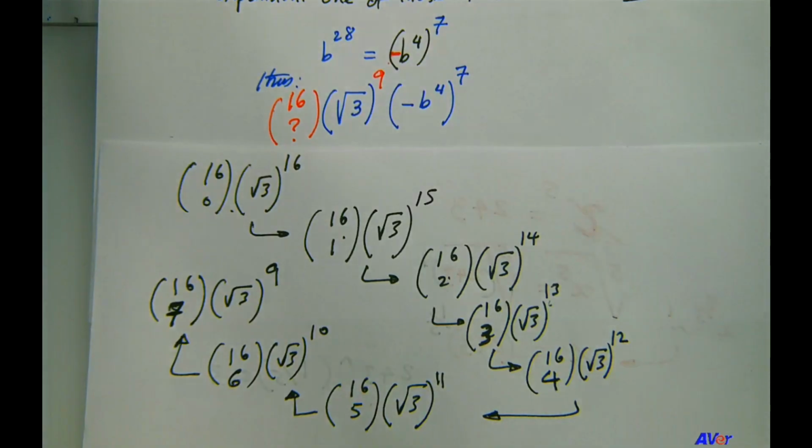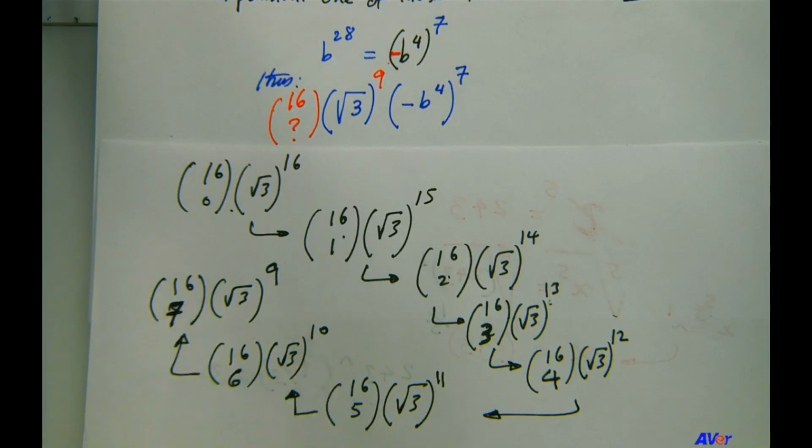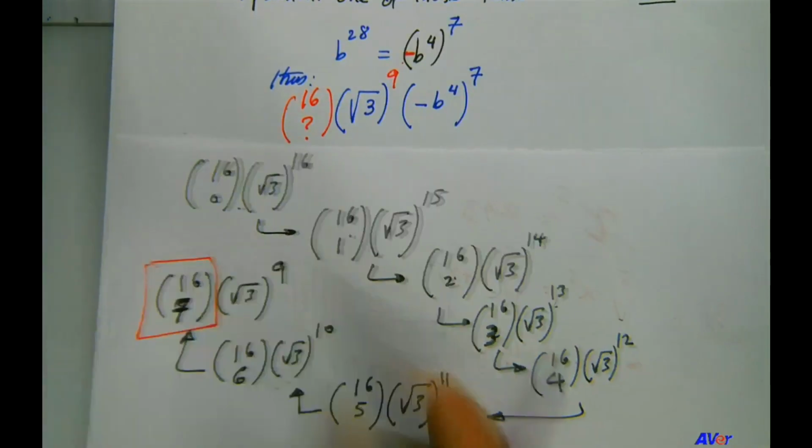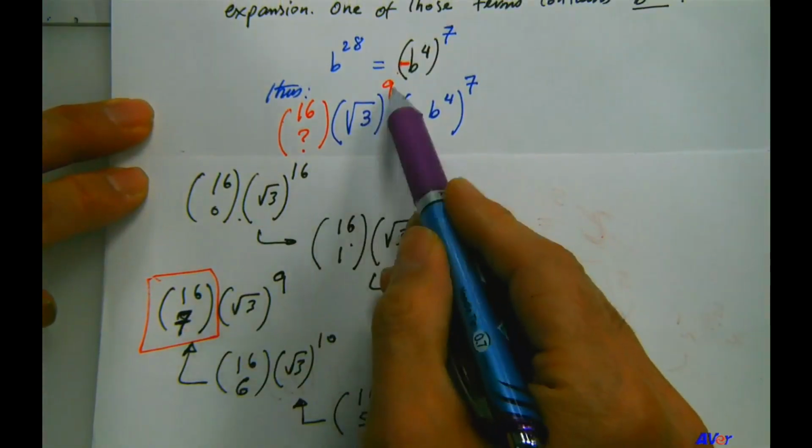Right? Let me just make sure. 16 choose 7. So that's the one we're looking for. This is the coefficient we've been looking for because that's the coefficient when we have square root of 3 to the 9th power.